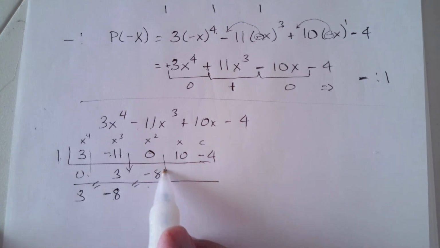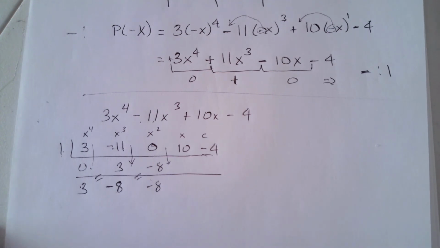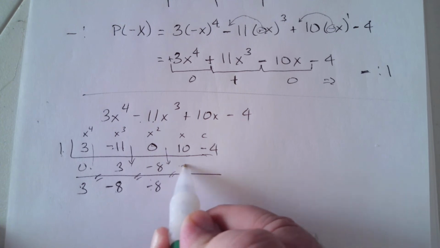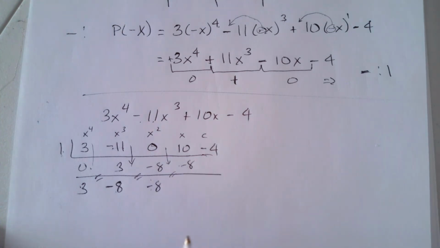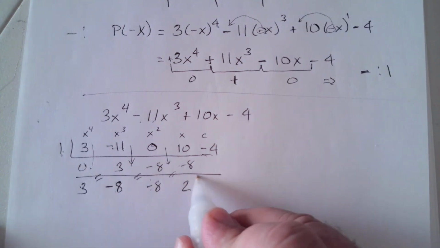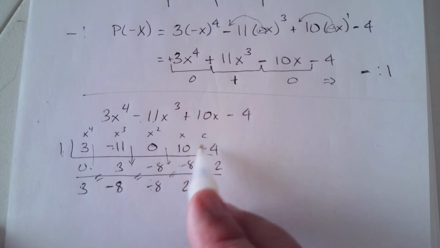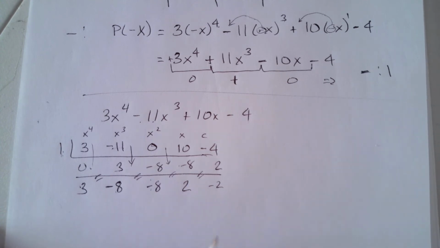Add straight down. 0 plus negative 8 is negative 8. Multiply. 1 times negative 8 is negative 8. Add straight down. 10 minus 8 is 2. 1 times 2 is 2. Negative 4 plus 2 is negative 2. Since that's not a 0, 1 is not a solution.